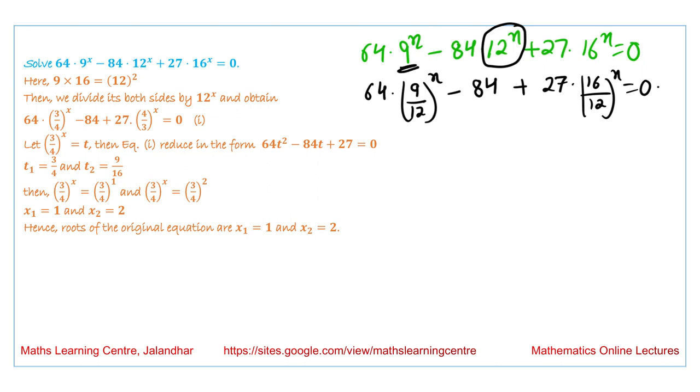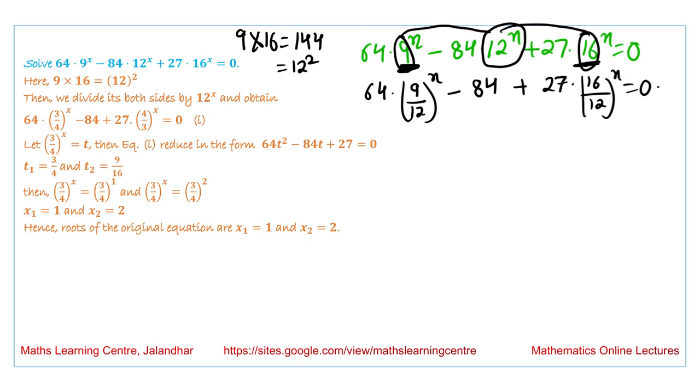Why are we dividing these terms by 12 raised to the power x? Because we know that 9 into 16, that is 144, is equal to 12 square. Look at these values over here. So that is why we are dividing this equation by 12.